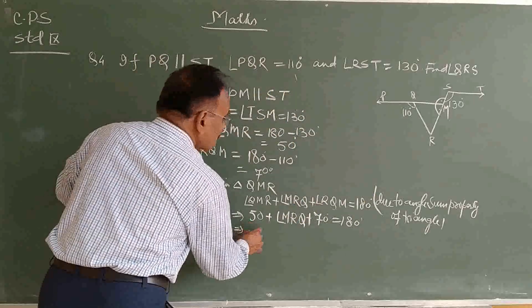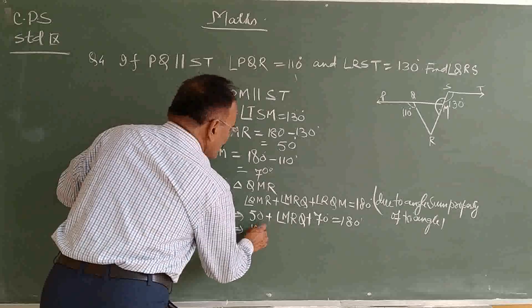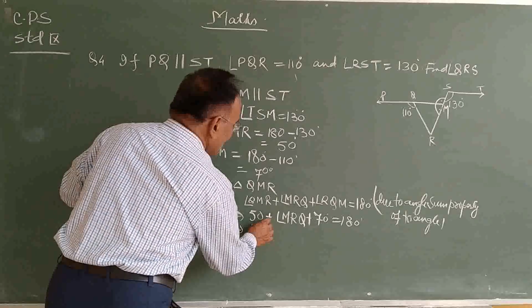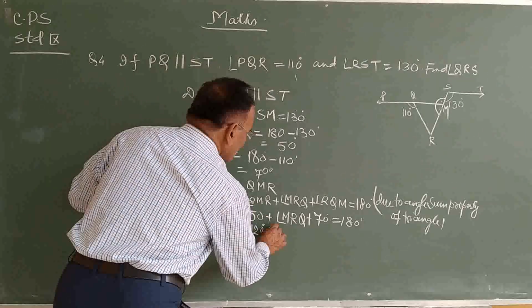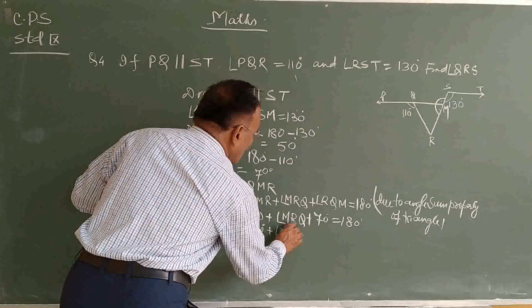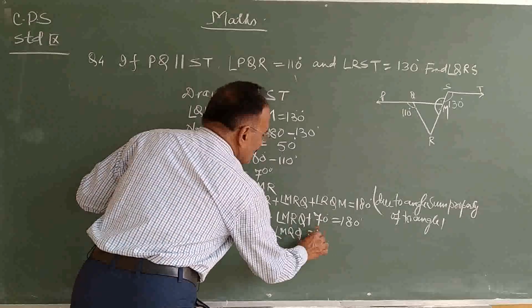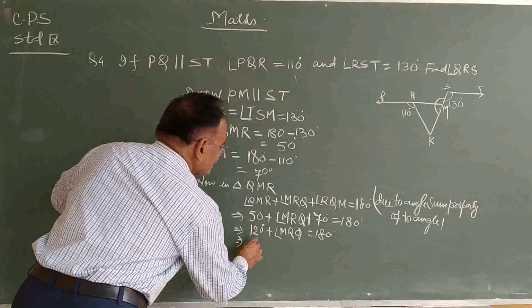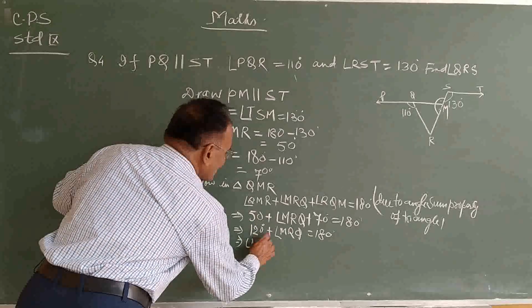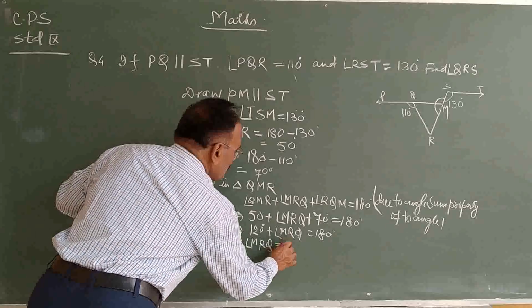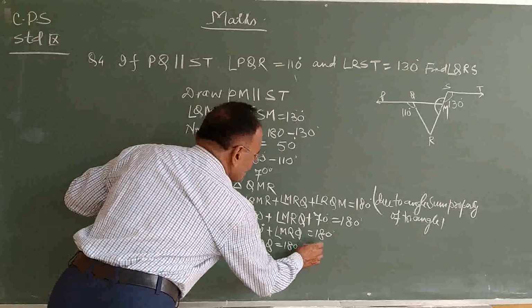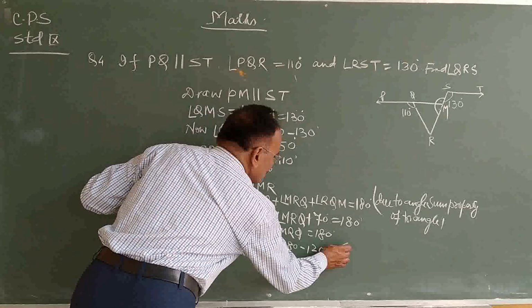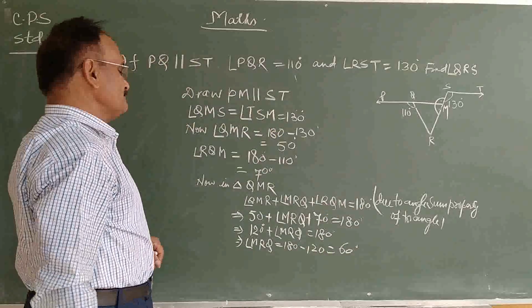This is 120 degrees plus angle MRQ equals 180 degrees. This implies angle MRQ equals 180 minus 120, which is equal to 60 degrees.